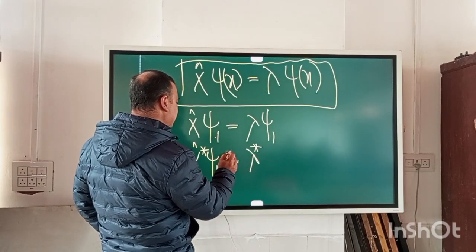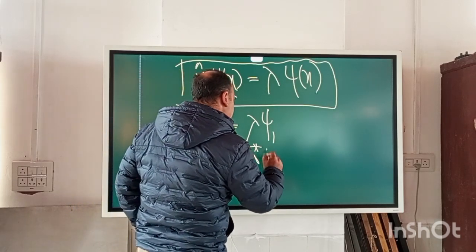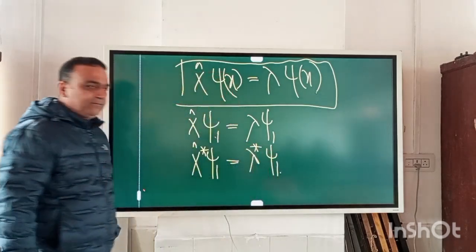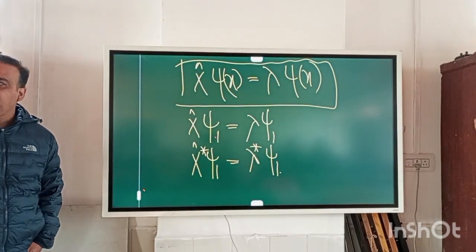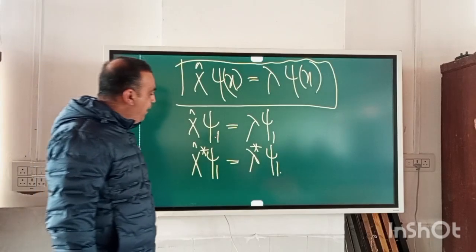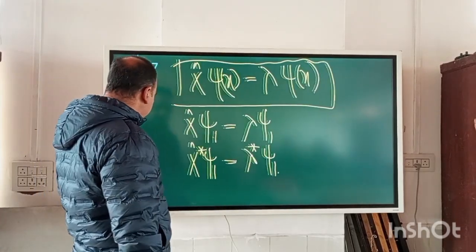I should call this lambda star psi 1. Okay? Right? Now, let's go to the condition. What's the condition?